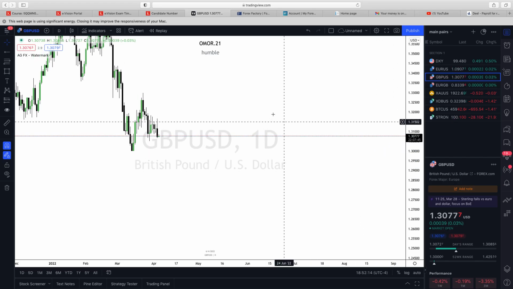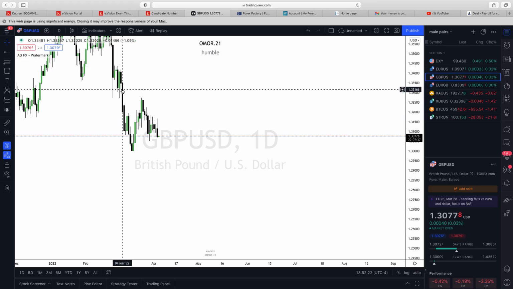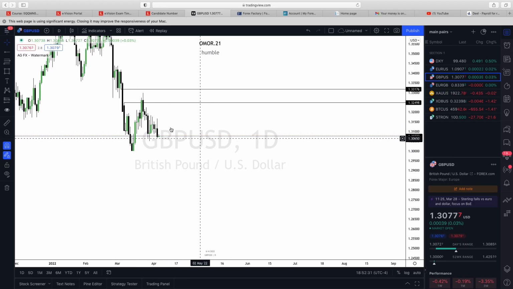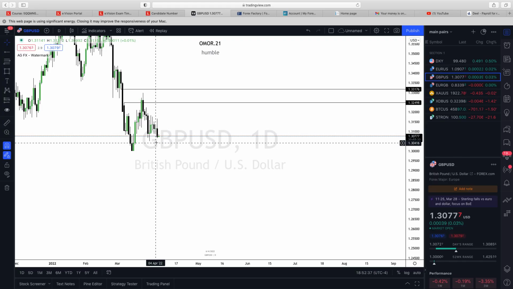Okay, so for example here, this candle traded down, this candle left an imbalance. The imbalance starts from the previous candle's low, right? So here and here. You saw how we just dip into the imbalance and we trade lower.